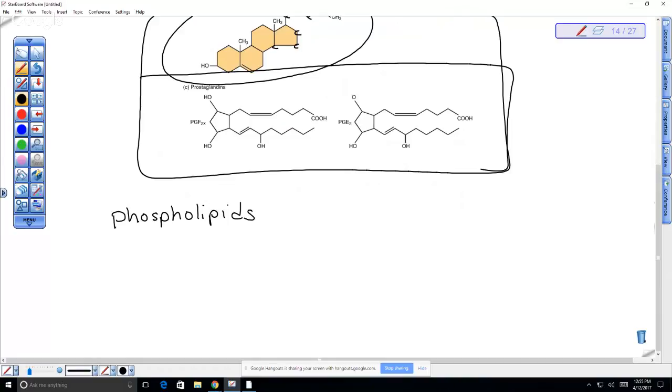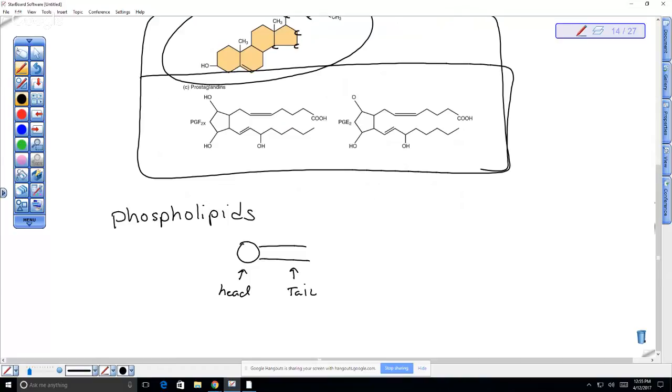Phospholipids have a characteristic shape where they have a head end, and then they have 2 tails. So this is what is referred to as the head of the molecule, and this is the tail. Now this is not the molecular shape, but this would be like the 3-dimensional structure that it forms. So you don't see carbons in a circle here.